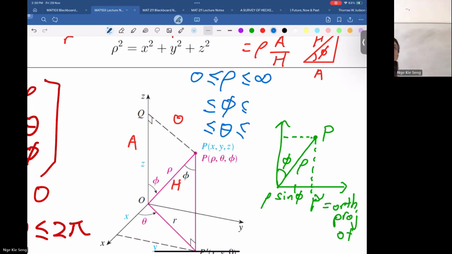And then phi, how do you fix this direction? 0 to pi. So 0 to pi means what? You will cover from the positive z-axis out to the negative z-axis. So this one is just one slice, one plane. So how to reach everything? You need to take theta from 0 to 2 pi.